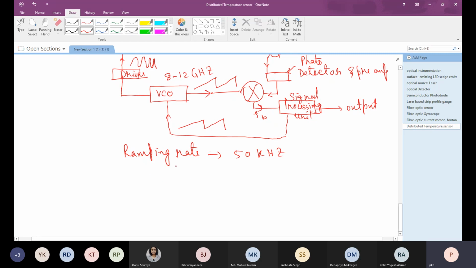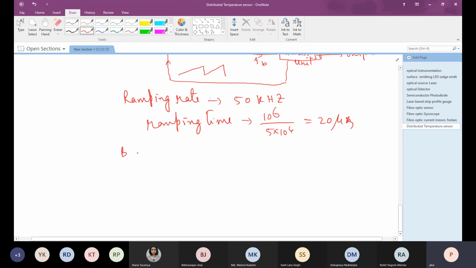So the ramping time would be, if I use a shift of 1 megahertz, 10 to the power 6, 20 microseconds. FB, the beat frequency, again is a function of this time delay tau into delta F by Tm.